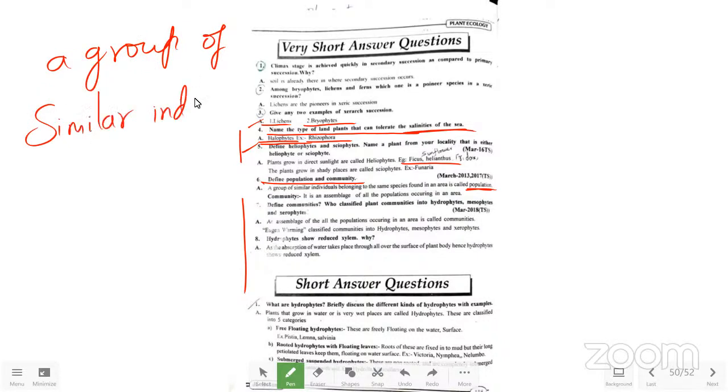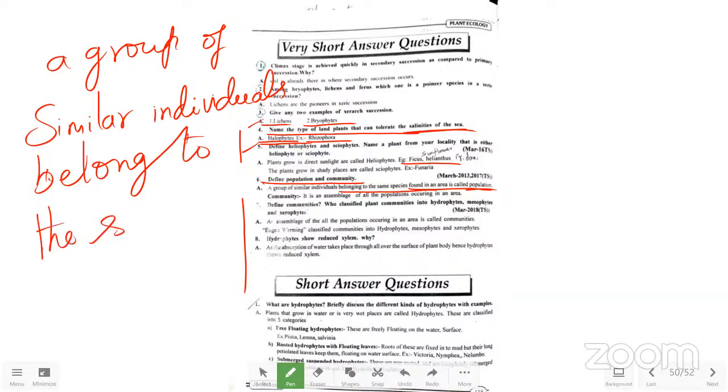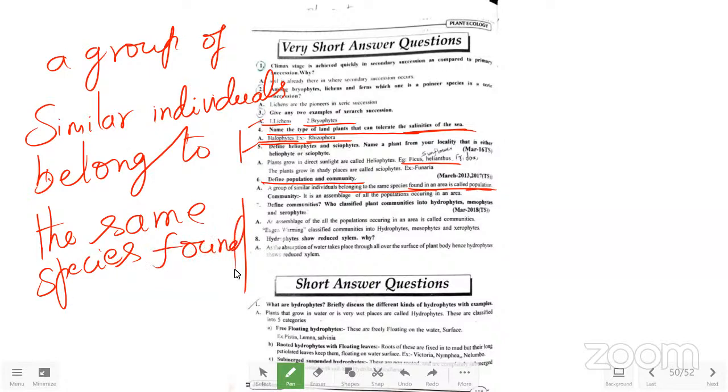A group of similar individuals belonging to the same species and growing in a specific area are called the population.